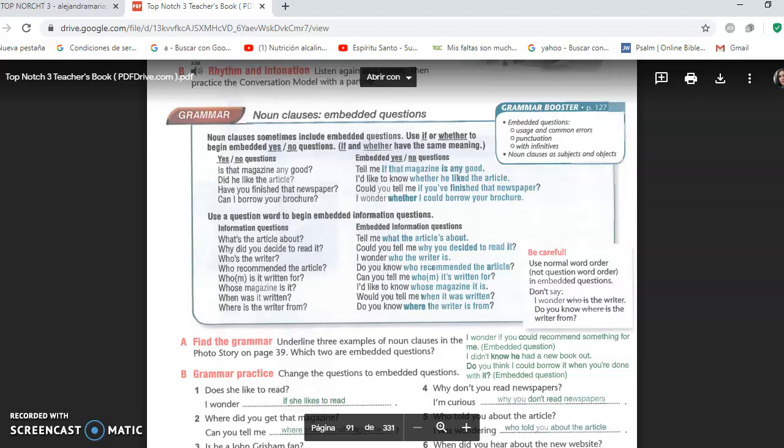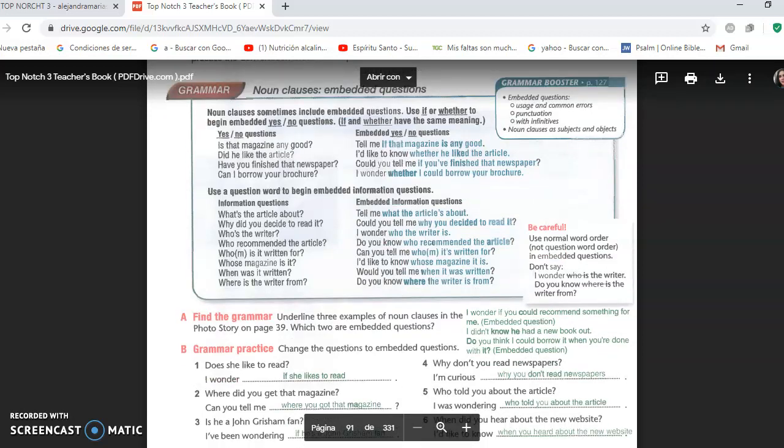Be careful. Hay que estar con cuidado. Use normal word order, not question word order in embedded questions. Ok, vamos a utilizar el orden apropiado de las preguntas, ¿verdad?